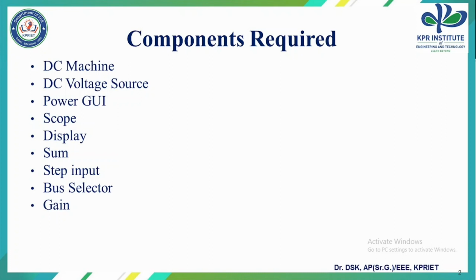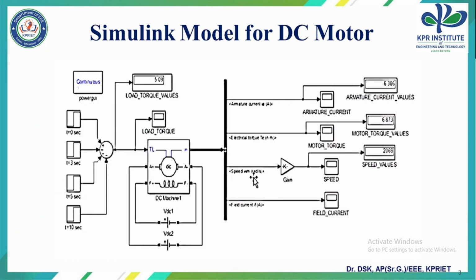First, DC machine, next DC voltage source, power GUI, scope, display unit, summer unit, step input, bus selector and gain. This is the simulation model for a DC motor in order to conduct a brake test.